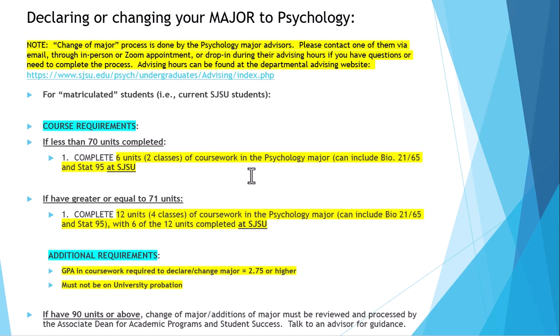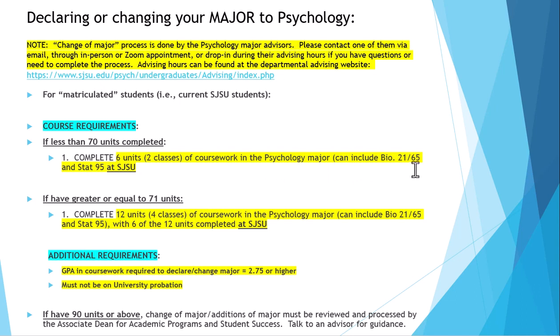Okay, so that's another reason that list that you just made from your what if report is important, because you could just pick any 2 classes from your list of psychology courses to be completed so that you can fulfill this course requirement. The 2 classes of coursework can include Bio 21 or 65 with the lab.